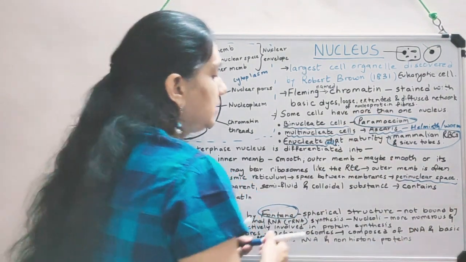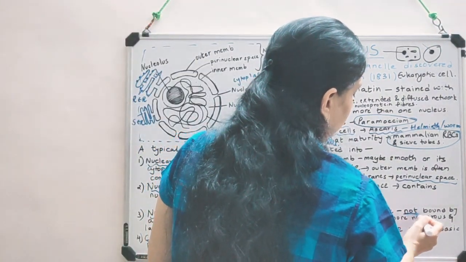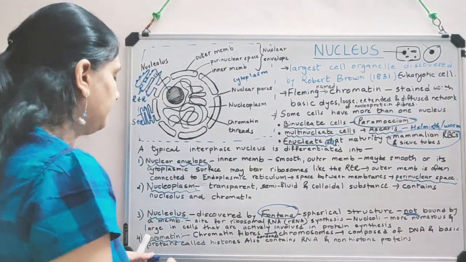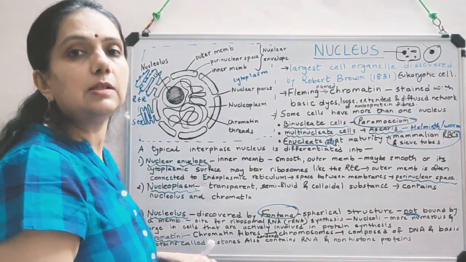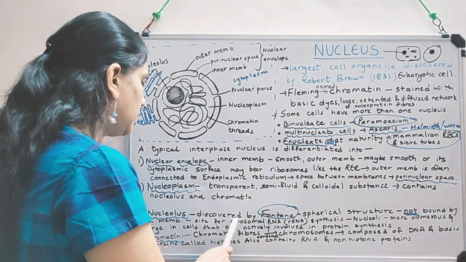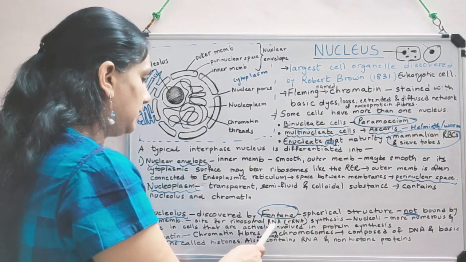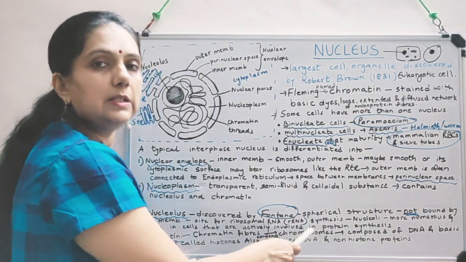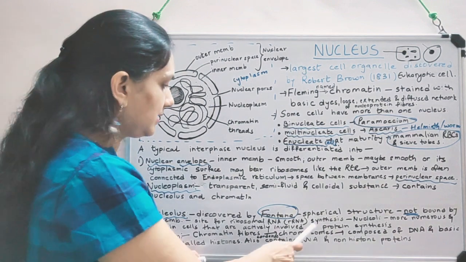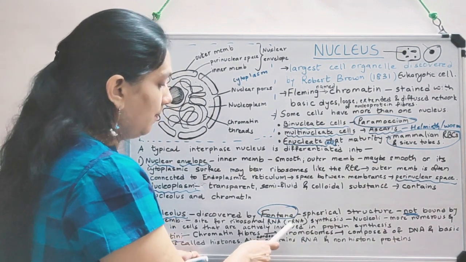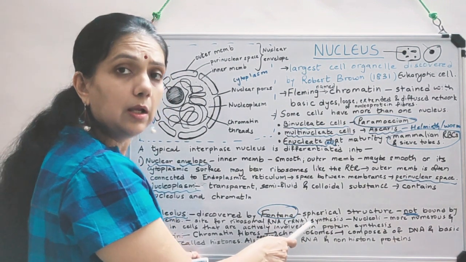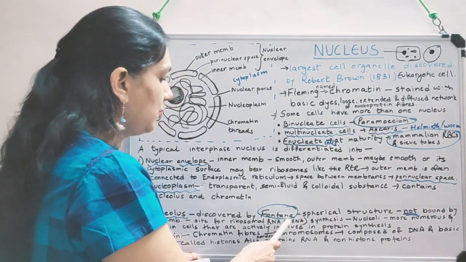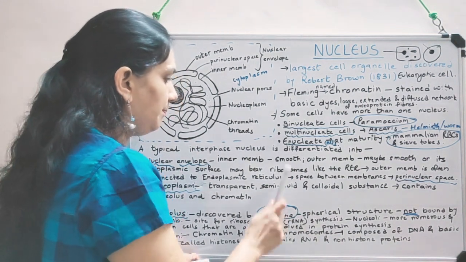And the nucleolus is the site for ribosomal RNA synthesis. It is rRNA. R stands for ribosome and this is ribonucleic acid. So this is ribosomal RNA.